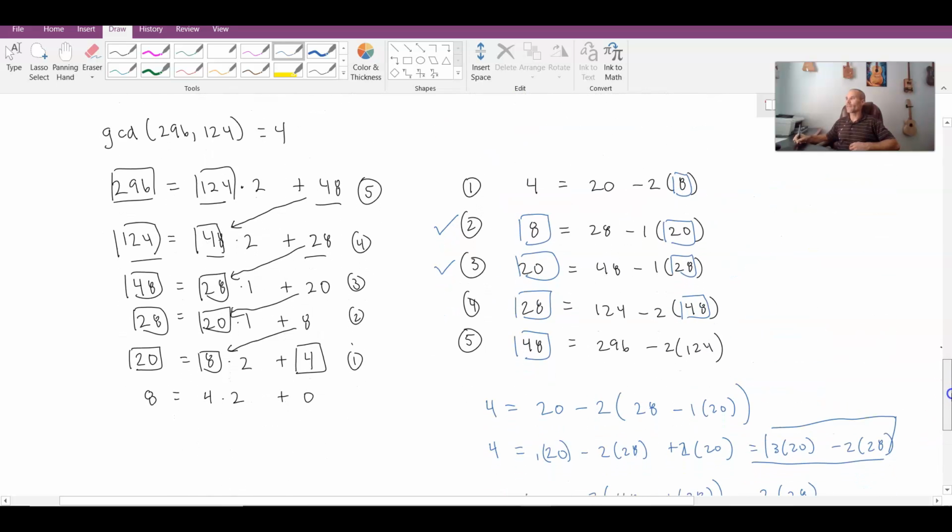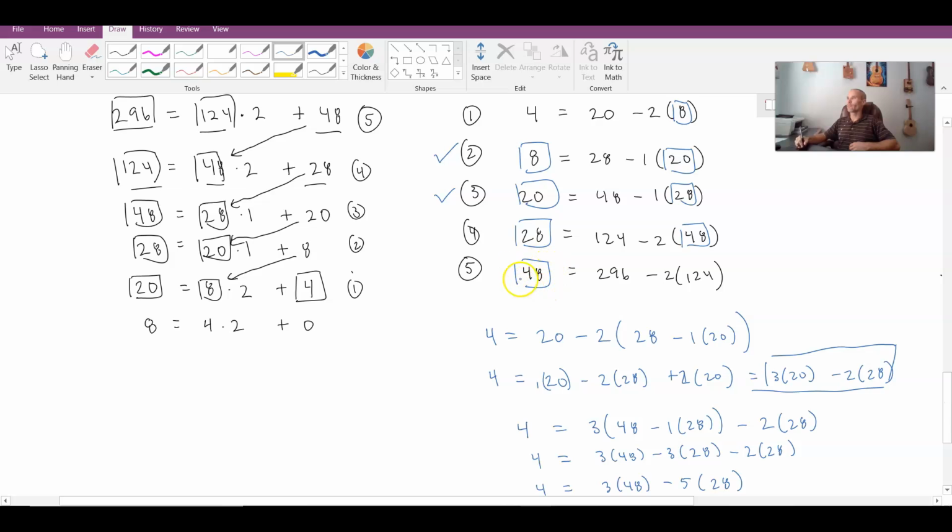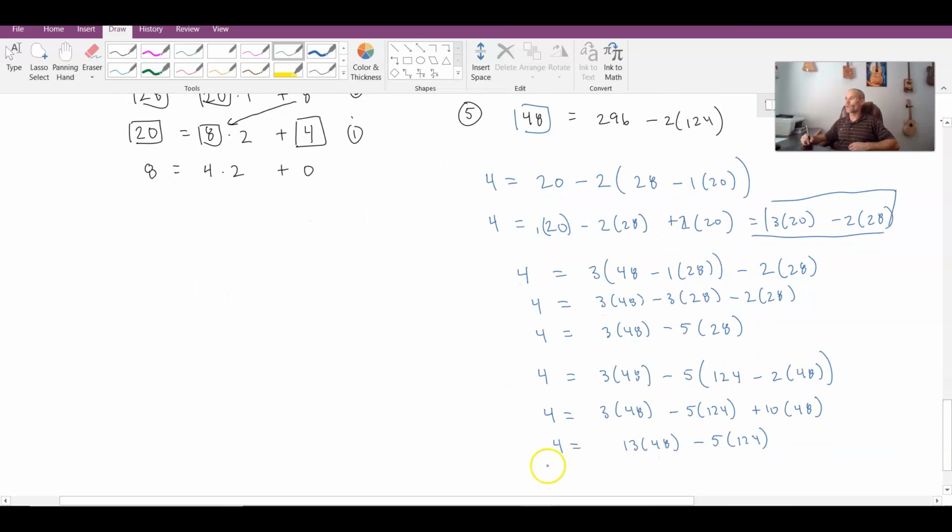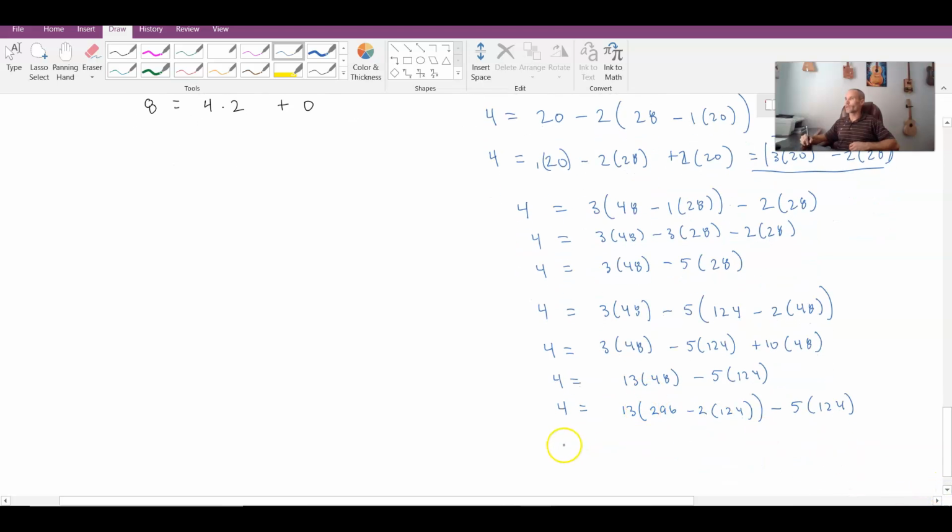I just need to get that 296 in there, and that 296 is going to be introduced by substituting out the 48. So I am going to write 4 is equal to 13 times 48, but 48 is equal to 296 minus 2 copies of 124, and then I have the minus 5 times 124. Awesome. Okay, so here we are.